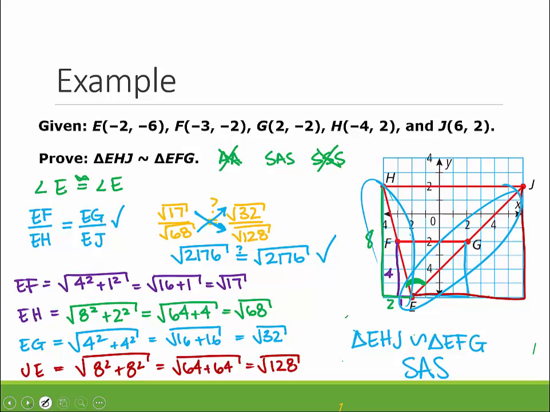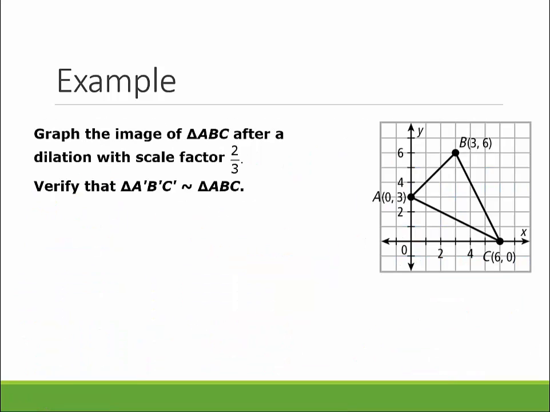So one more problem with the proofs. Graph the image of ABC after a dilation with a scale factor of 2/3 and then verify that they are similar. So remember, just like before, we're going to take each of our points, A, B, and C, and multiply them by the scale factor.